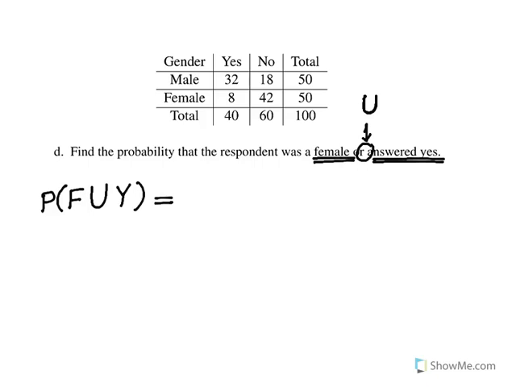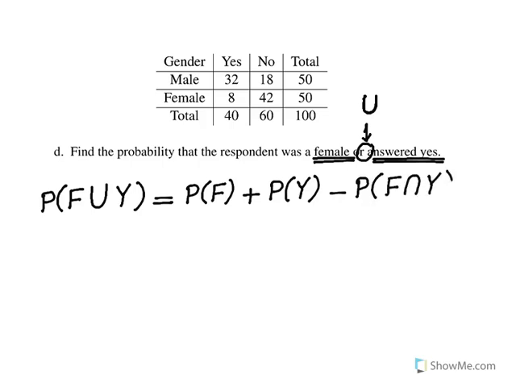You remember, this probability of or is the sum of the probabilities. So it's a probability of female plus probability of answering yes. And if there is an intersection, you subtract it. So minus the probability of female and answering yes. Now, we know that there are females that answered yes because you can see it here. Those are the females that said yes. So this means that this here has a probability.